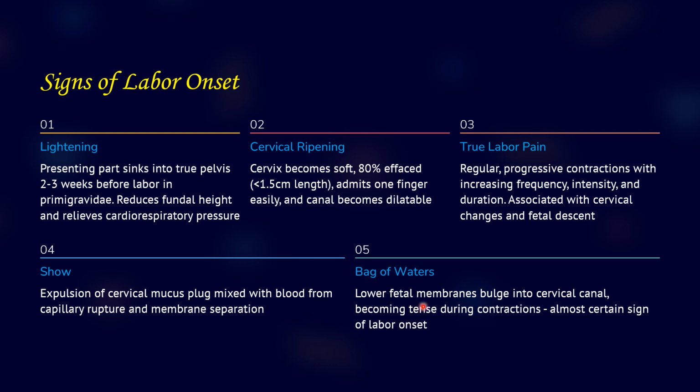Number five, you'll also feel a bag of water. When you do a PV, you'll see the lower fetal membrane bulging into the cervical canal, and it becomes tense during contraction. So these are the signs of labor onset: lightening, cervical ripening, true labor pain, show, and bag of water.